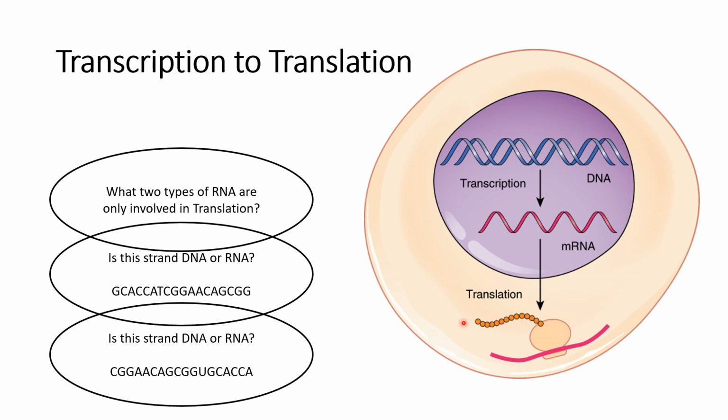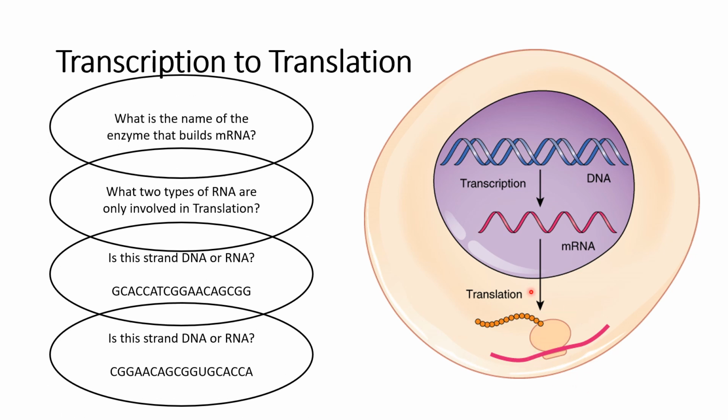This grows the polypeptide chain, which will eventually produce a protein out of the ribosome. Step number 2 is called translation, and it involves all 3 RNAs. The messenger RNA from transcription, ribosomal RNA, which is part of the ribosome, and the transfer RNA, which delivers the amino acids to the ribosome.